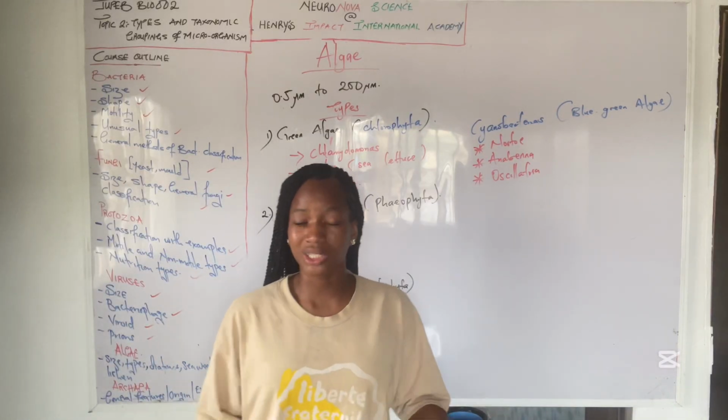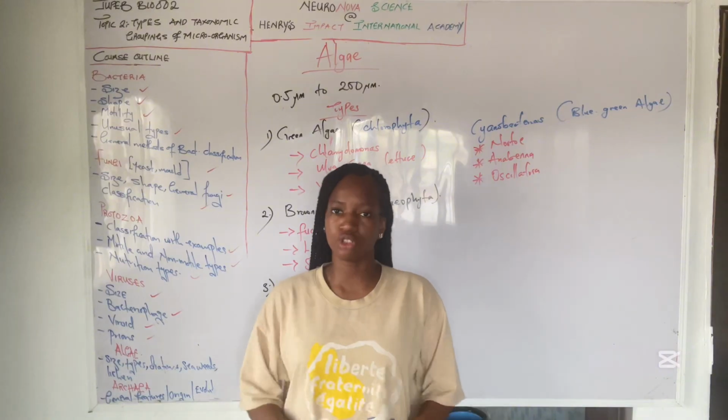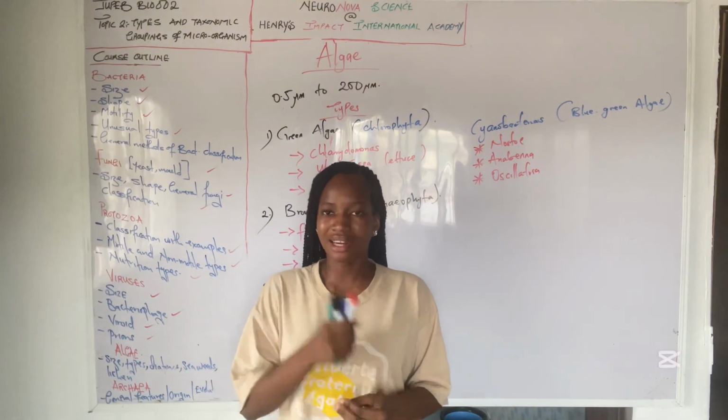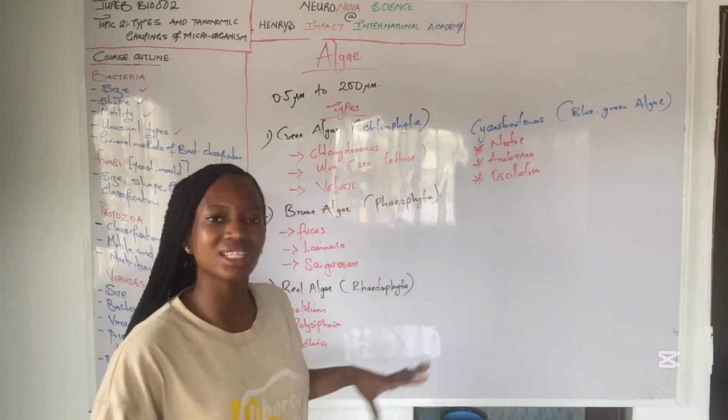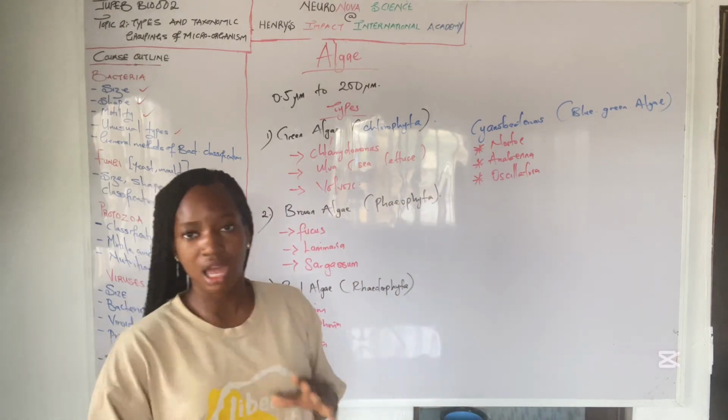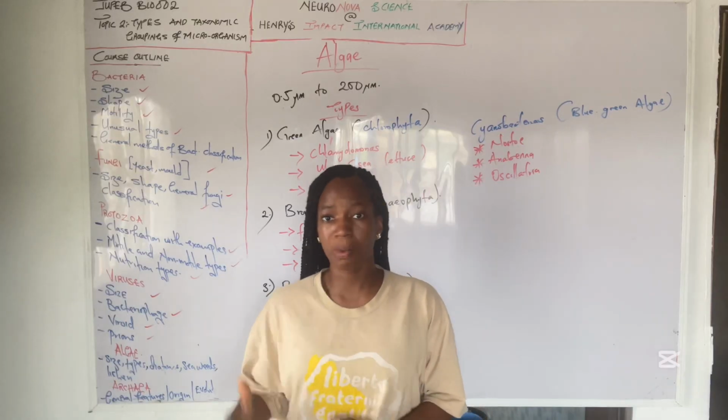What did I say seaweeds are? Seaweeds are basically algae. They are just macro algae. And now there are examples you need to take note of, which are the major ones I've given you here. These are the ones that JUPEB will always leverage on. Now that's what your JUPEB wants us to talk about.